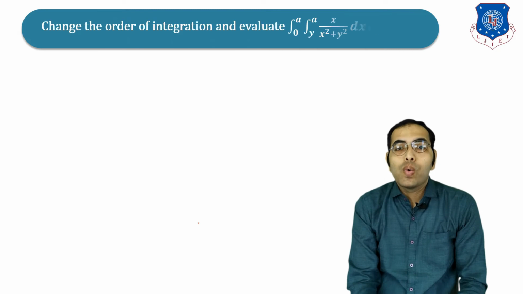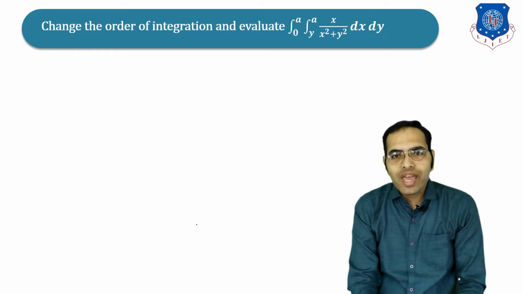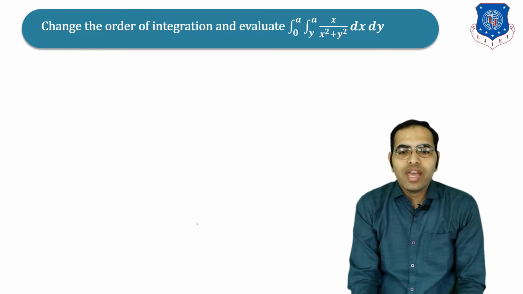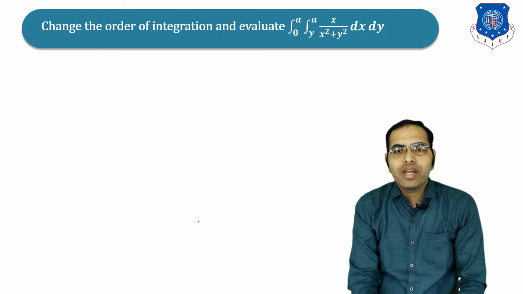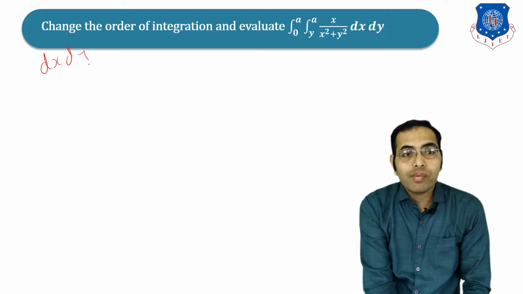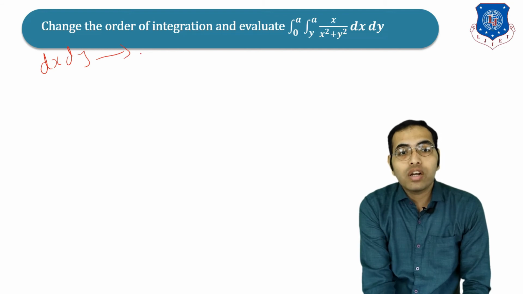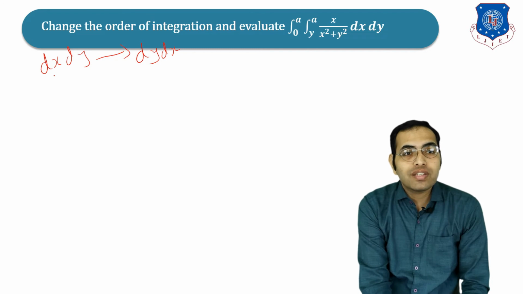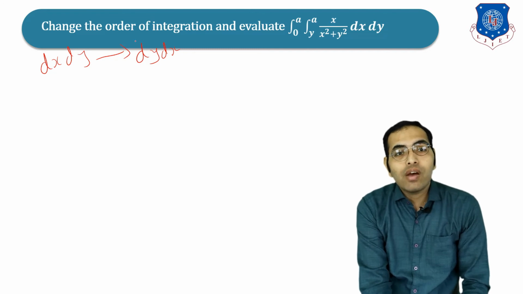Let's see one more example based on changing the order of integration. Evaluate integral 0 to a, integral y to a, x upon x squared plus y squared dx dy. Here our question is in the form of dx dy, so we have to convert the order of integration to dy dx, and integrate the function with the help of dy dx.